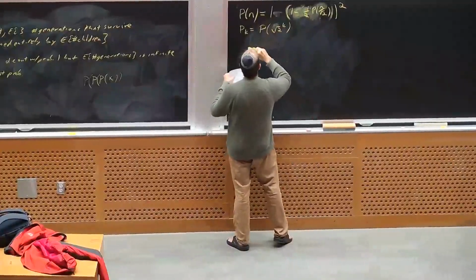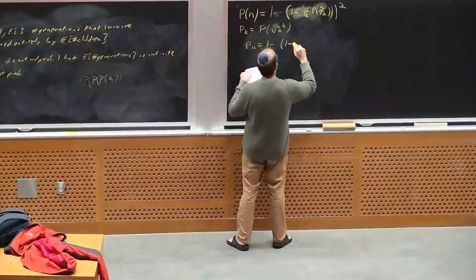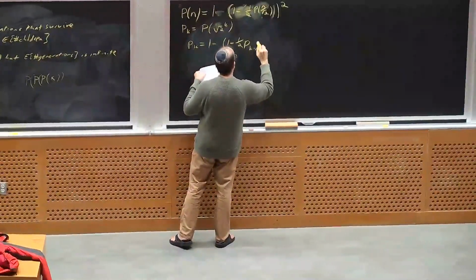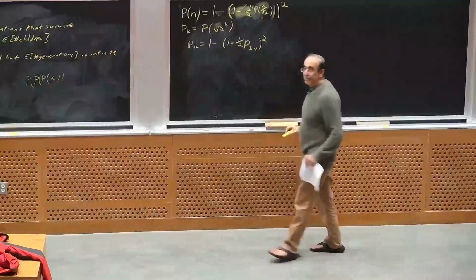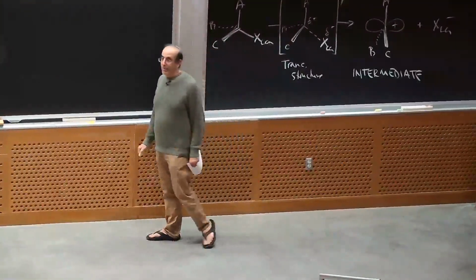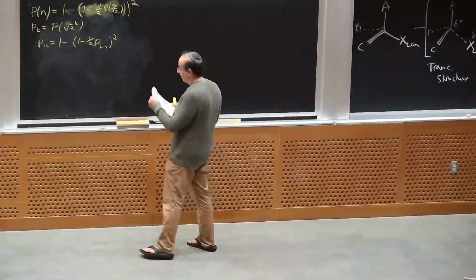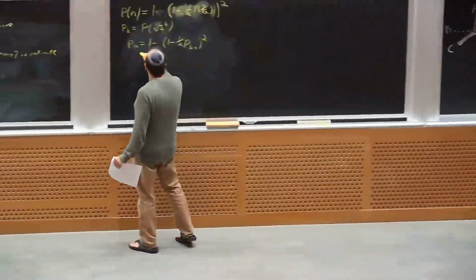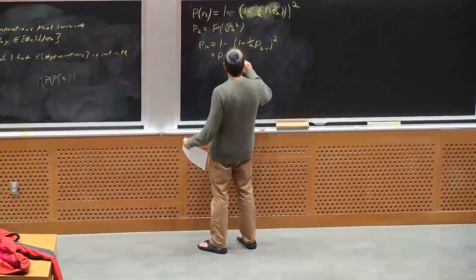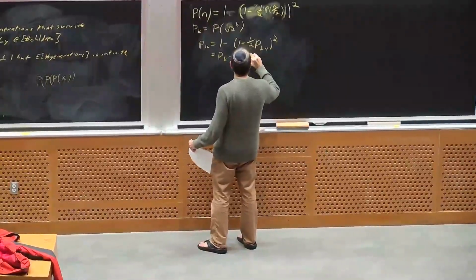And that means I can write P sub k equals 1 minus a half of P sub k minus 1, all squared. We're just looking at everything in terms of powers of root 2. And if you expand this out, it's P sub k minus 1 minus 1/4 of P sub k minus 1 squared.